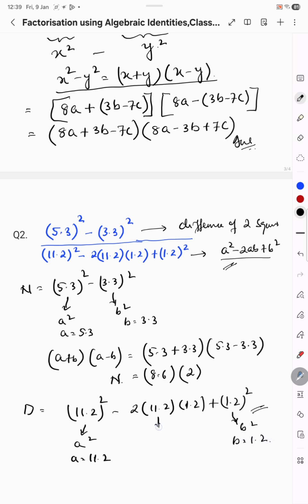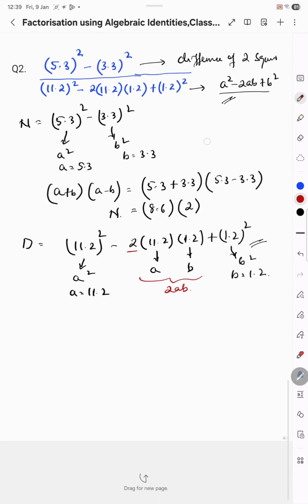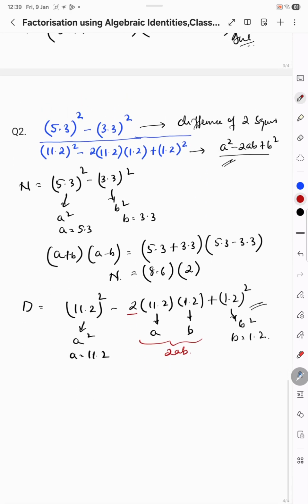Now see, this is my A, this is my B, and we have a 2 here. So this is becoming my 2AB part. So this becomes my A minus B whole square.